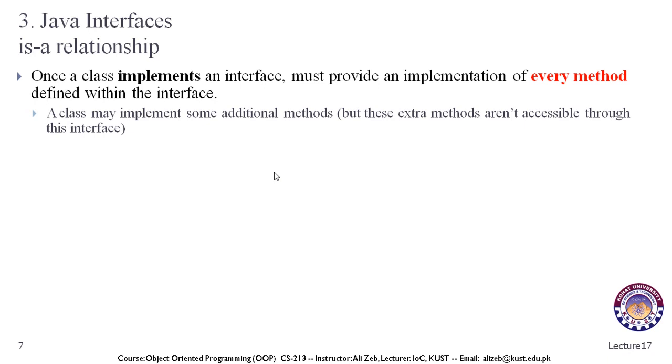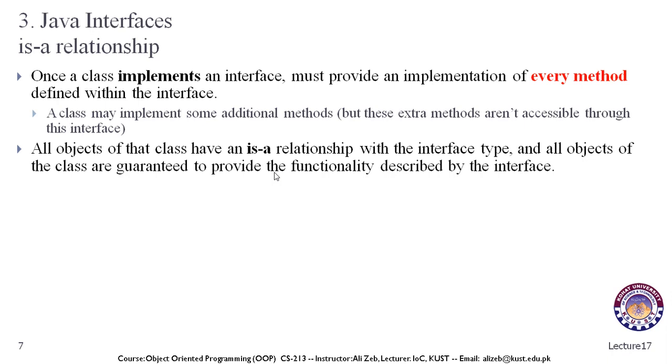The same is true for a class when it implements an interface. It must implement all the methods of the interface, and it can have its own additional methods. And of course those methods are not accessible from the interface.